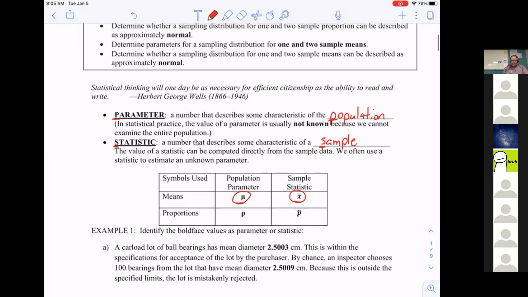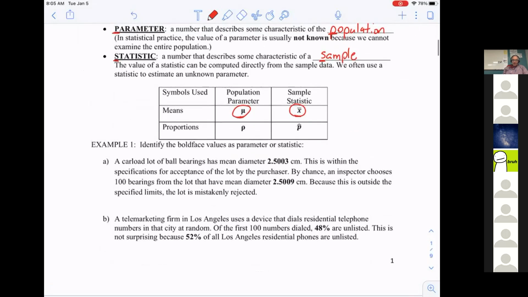So again, in our first example, we're going to identify what we're looking at. Is it a sample or is it a population? A carload lot of ball bearings has a mean diameter of 2.5003. This is within the specifications for the acceptance of the lot by the purchaser.